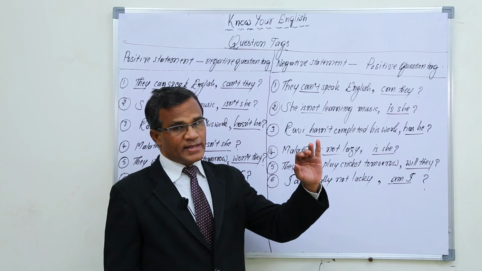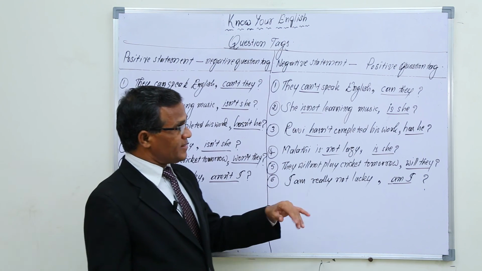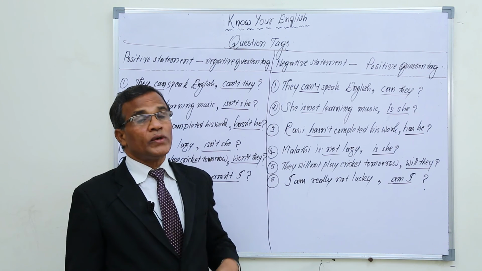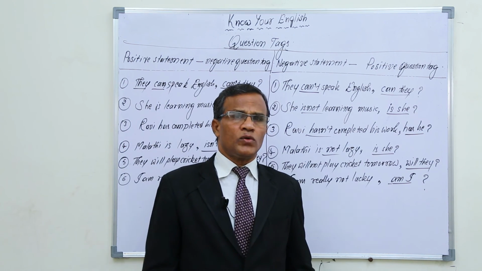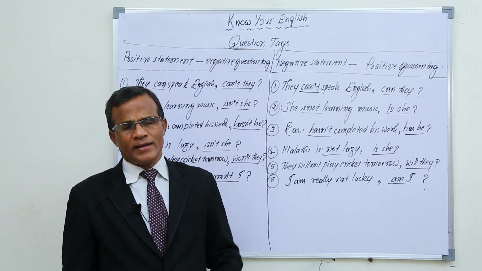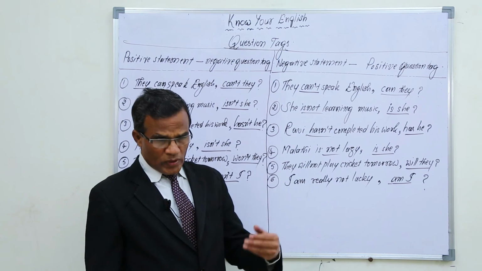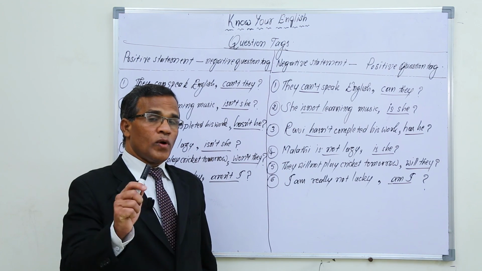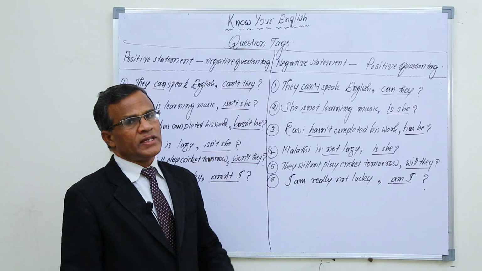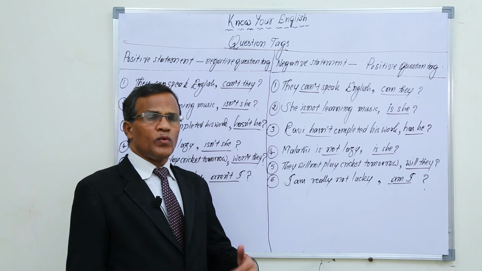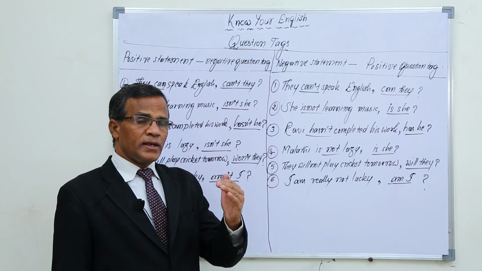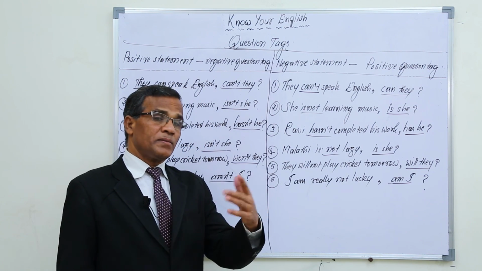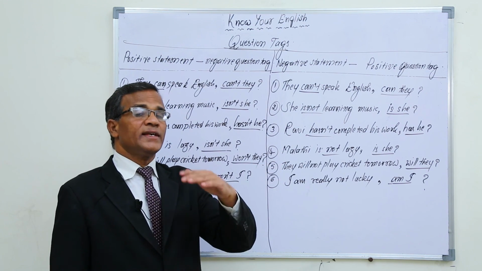So when we want real information from the other person, we raise the voice at the place of the question tag. So there is a difference in using. When we want agreement with us only, simply a falling voice. But when we want to gather some information from the other person, that is a rising voice at the place of the question tag.